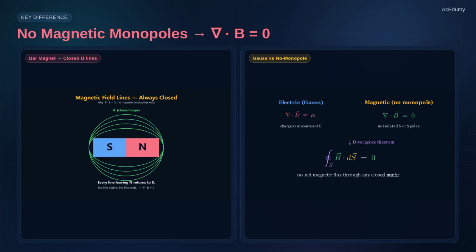They never begin and never end. That's why the divergence is 0. At every point, as many lines enter as leave. In integral form, using the divergence theorem, this becomes the closed surface integral of B dotted with ds equals 0. No net flux out of any closed surface.